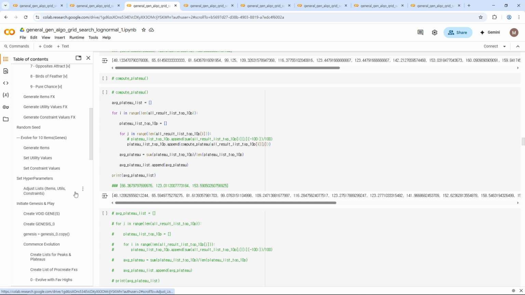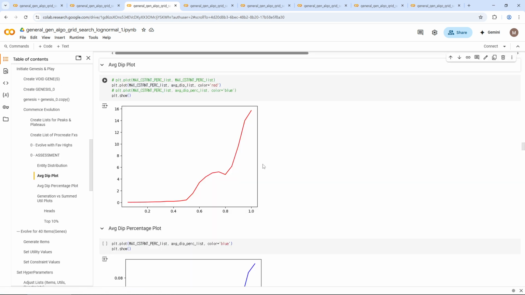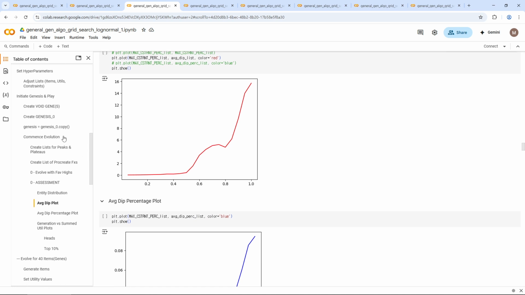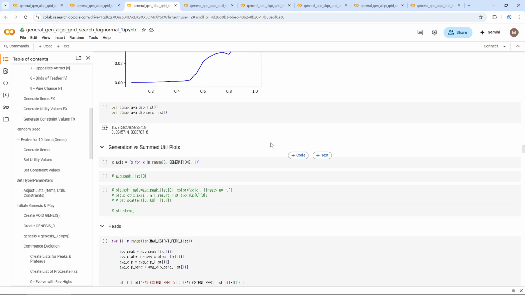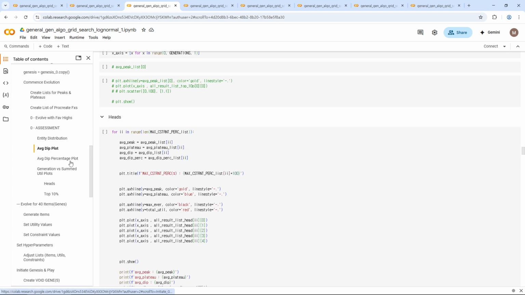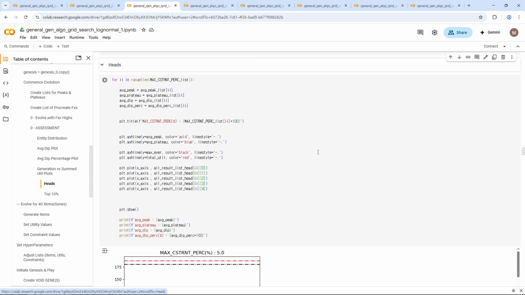Now let's have a look at the average dip plot. Very similar when dealing with only 10 items. Same for the average dip percentage plot, but maybe something more different here for the heads.